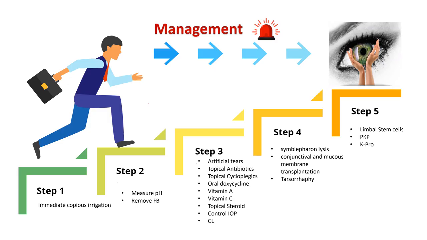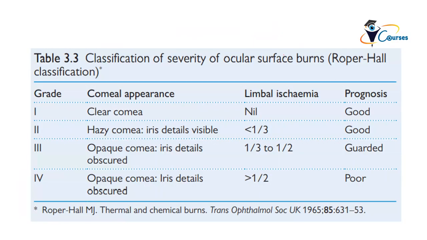Keratoprosthesis, okay? So how can we assess the condition? How do we assess the limbal stem cell condition and the corneal condition? There are two classifications. One is called the Roper-Hall classification. The Roper-Hall classification classifies the prognosis according to the clinical appearance of the cornea and the degree of limbal ischemia.